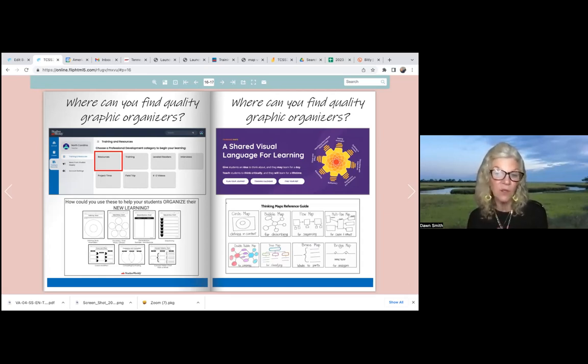And I think using graphic organizers really intentionally takes that writing from that vomited information to really helping them make sense of what they're trying to communicate. Writing is the most sophisticated form of communication there is, and helping kids be confident about that is really something that we can help them do.